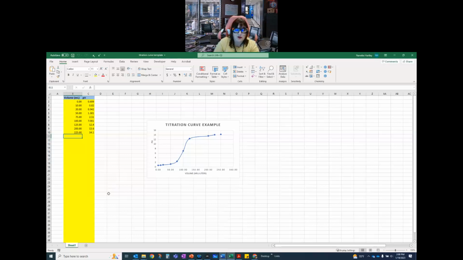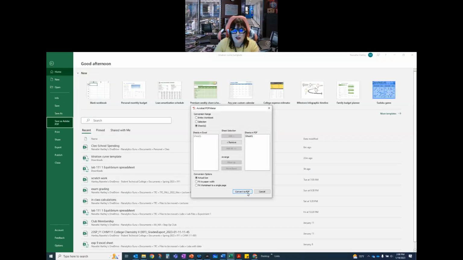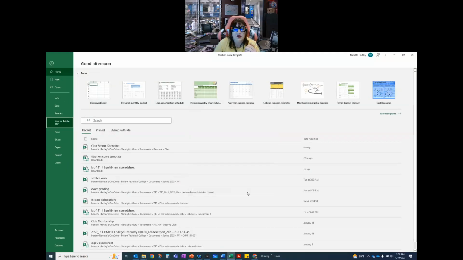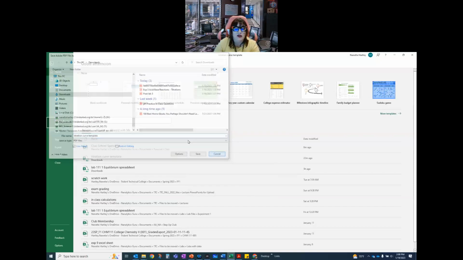So I don't care how you do that. I don't care if you copy this, make another one, or if you just print one out, or save it, file, save as Adobe PDF, and convert to PDF. And then you give me both of them.